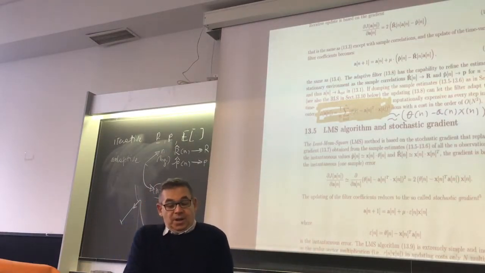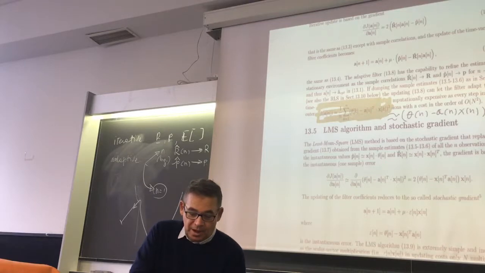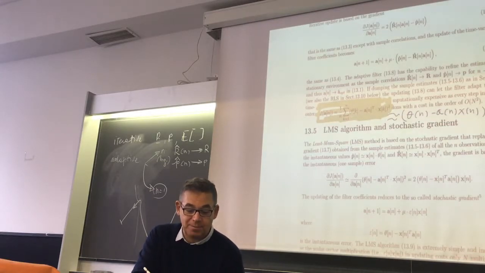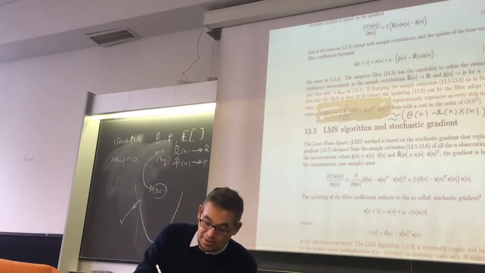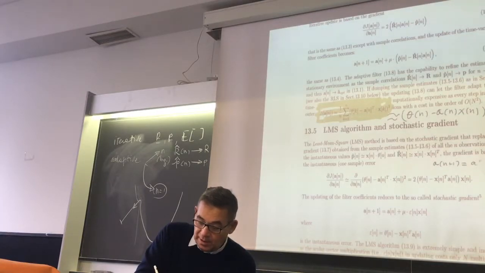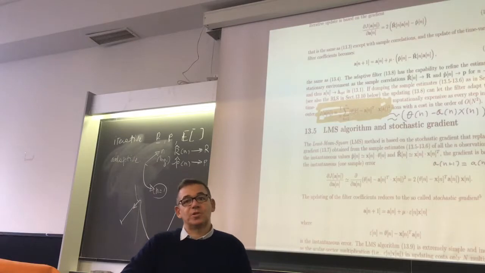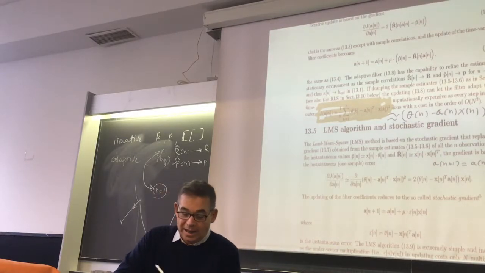Let's see that. Now this is the instantaneous error. If I take this instantaneous error and put it into my gradient formula, remember the gradient formula is a(n+1) equals a(n) minus mu times the gradient with respect to a, divided by 2 for a reason. And this is the gradient search.